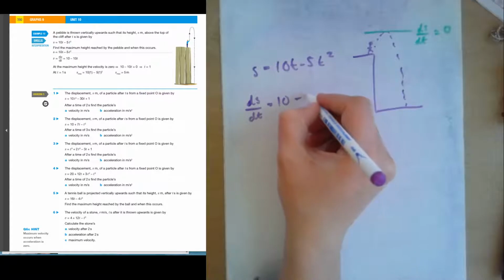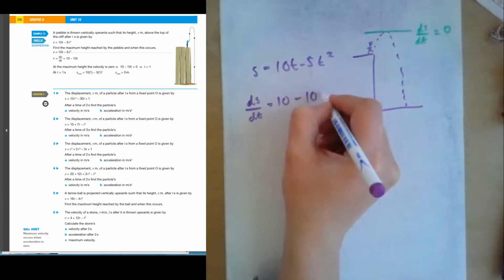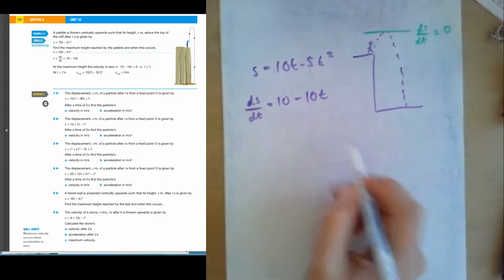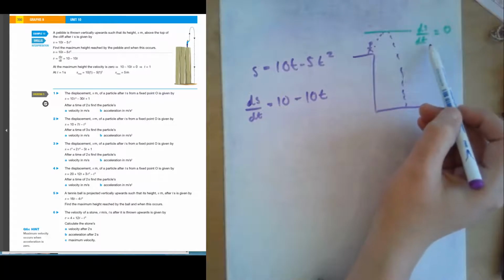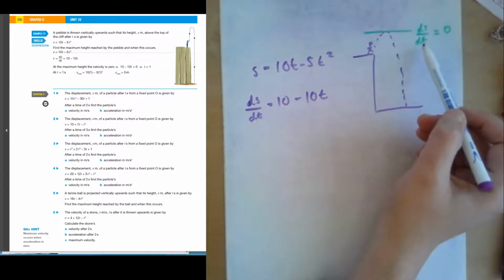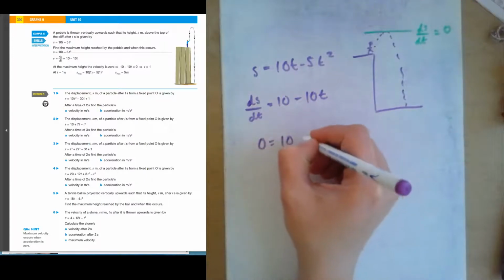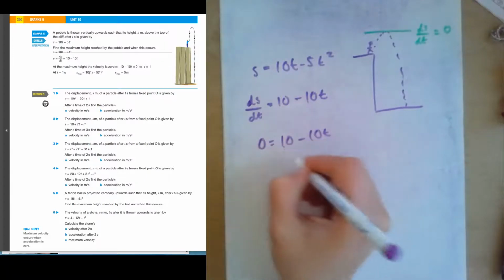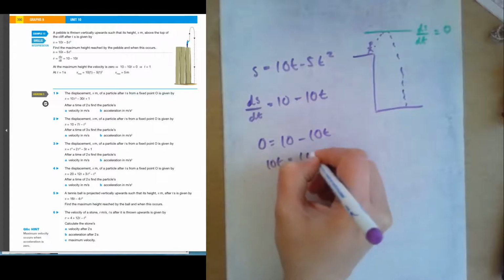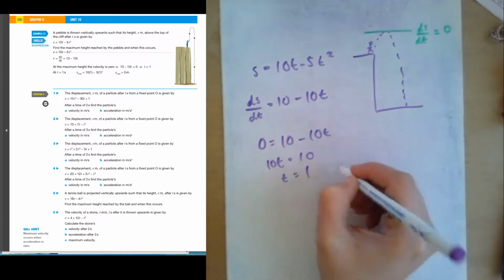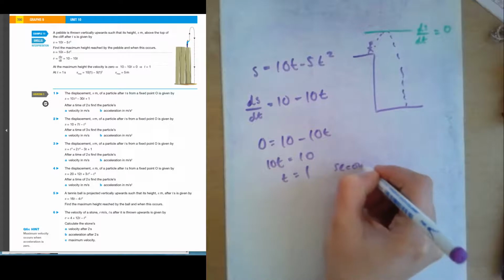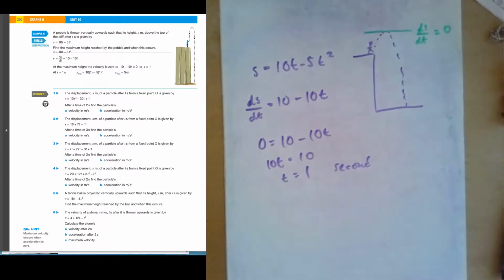For the 5t squared, the 2 comes down, 2 times 5 is 10, and t drops a power, so it becomes 10t. I've already confirmed that the velocity would be 0 at the maximum, so 0 is 10 take away 10t. Rearranging, 10t equals 10, so t equals 1, and because time is in seconds, that is 1 second.